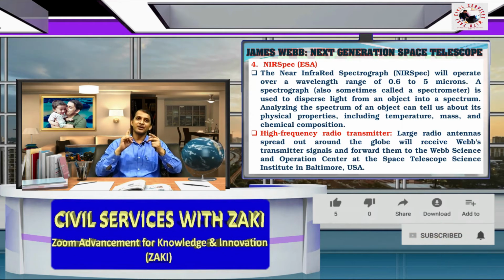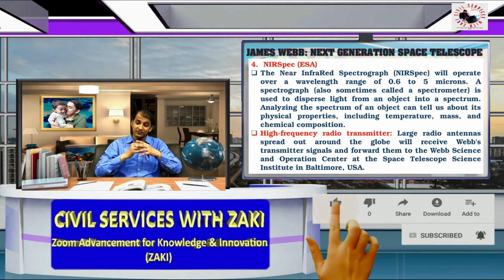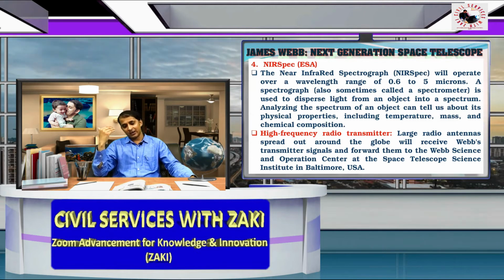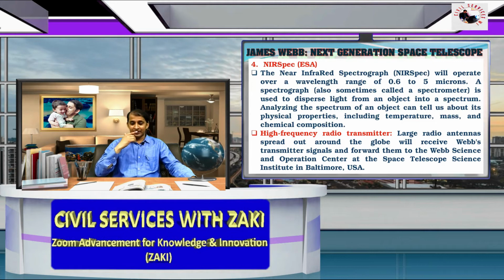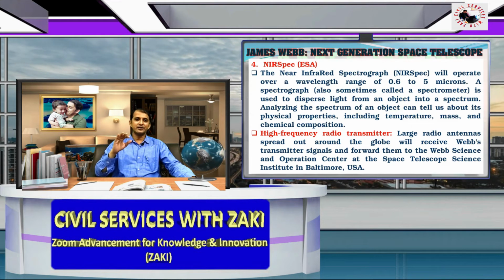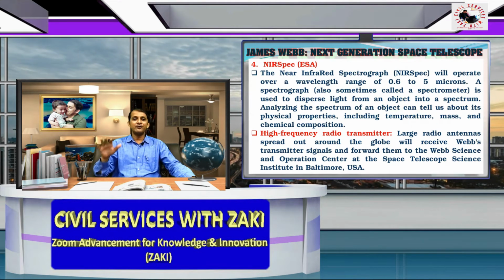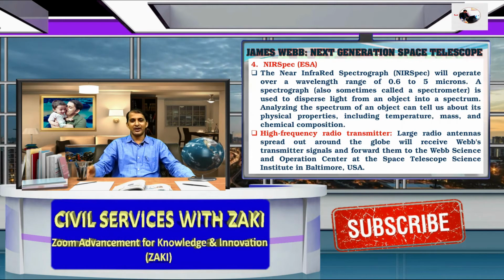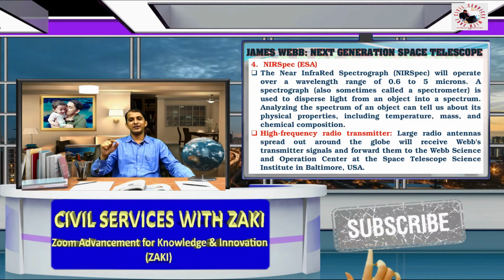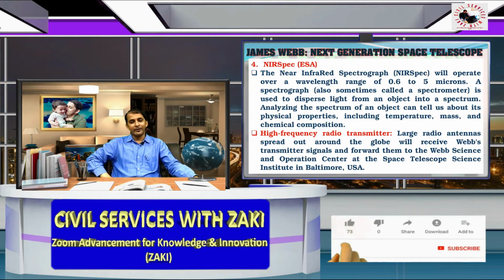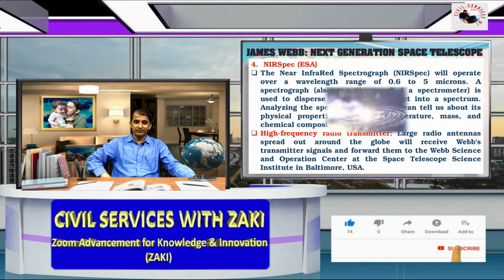This communication system is called DSN, the Deep Space Network. What is the Deep Space Network? You can see our previous video, where we already explained all that. These antennas receive the transmitted signals around the globe and forward them to the Webb Science and Operations Center in the US. Basically, it is situated at the Space Telescope Science Institute in Baltimore, US. So that's all the instruments installed in the James Webb Telescope.